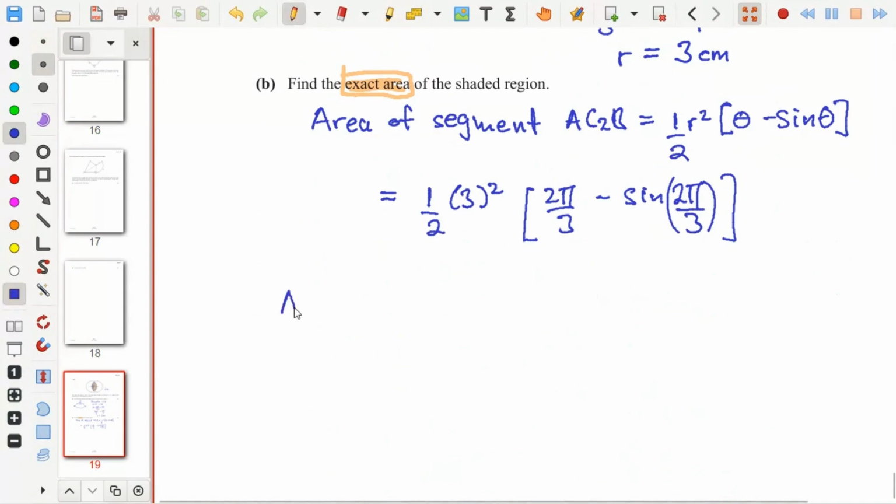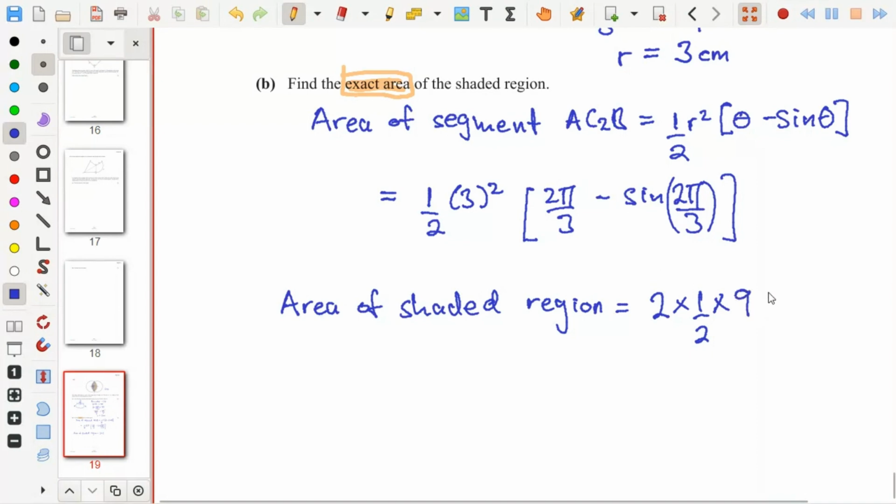So area of shaded region should be twice that of the one I have here. This is 9. 3 squared is 9. 2 pi on 3.